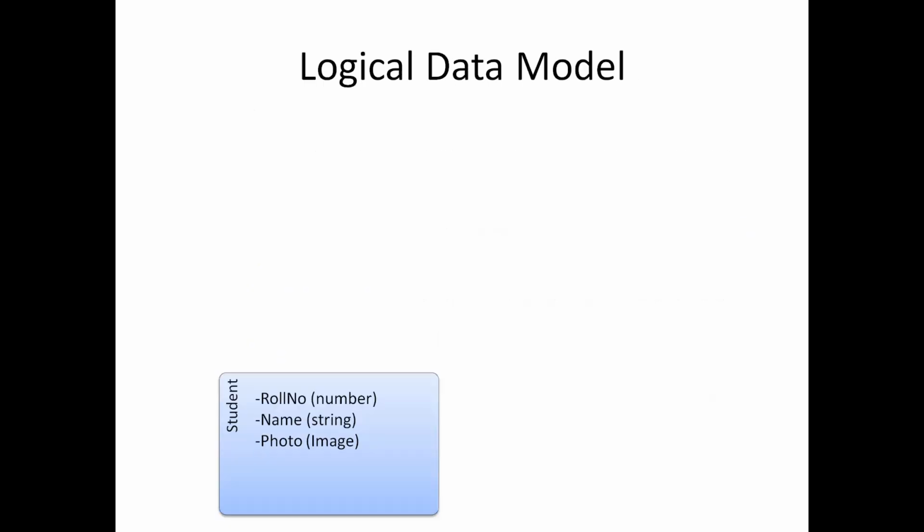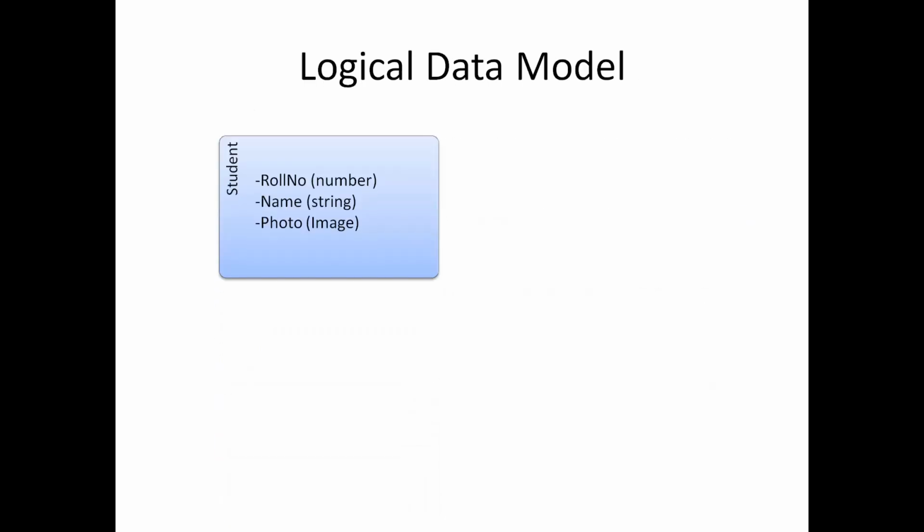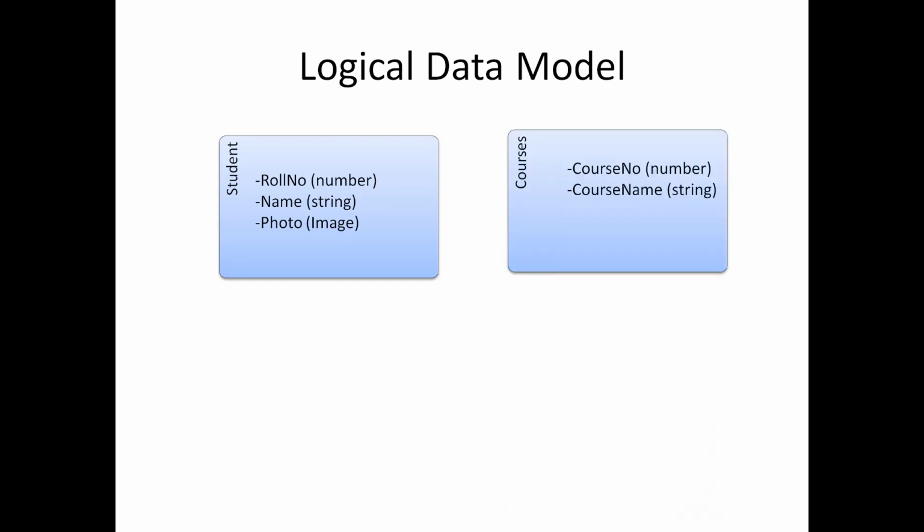So take the logical data model: let's say I am designing a system where I need student information to be stored. A few attributes of a student could be that he has a roll number, a name, and a photo. I also define that the roll number will always be a number, the name is a string, and the photo is going to be an image type. So this is your logical data model, where you are telling what the attributes are, and also what storage parameters I'm going to use.